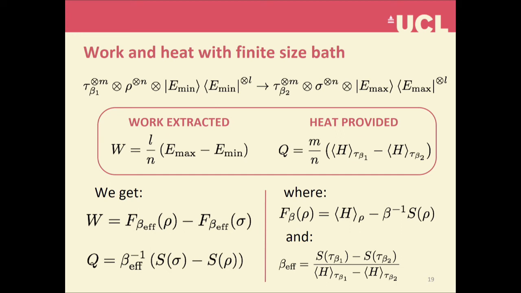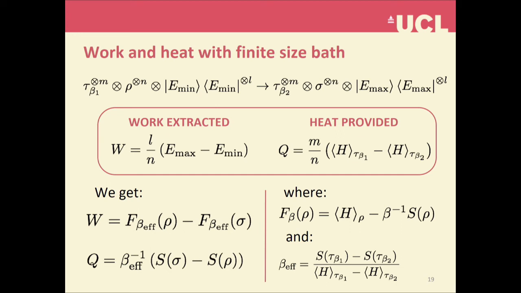I don't know if you can see the pointer well. And it's, let's say, an average between these two temperatures. And essentially it is the correction we get when we consider the finite size thermal reservoir.